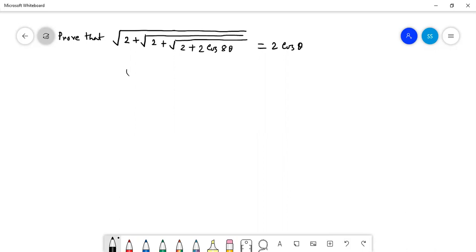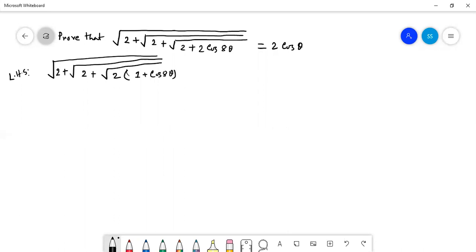So we are coming from the left hand side. Left hand side is given as root 2 plus root 2 plus, if we take common 2 from here, then it will be 1 plus cos 8 theta.